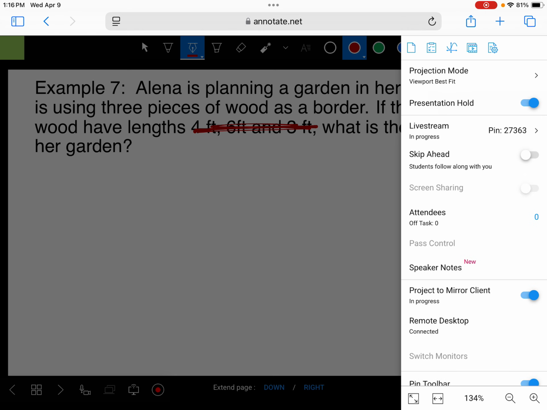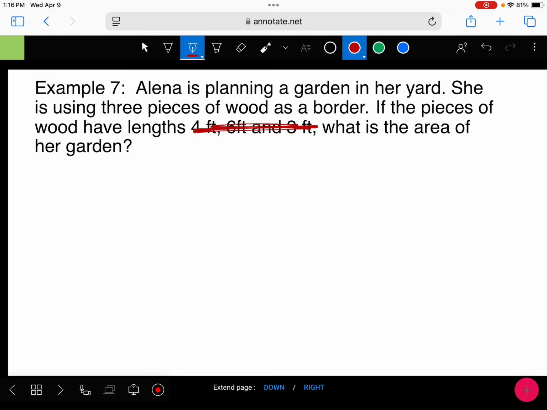How many of you all think you have the Heron's formula memorized? See, it's quick.